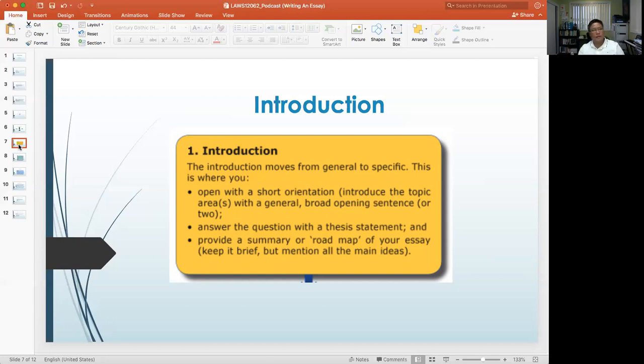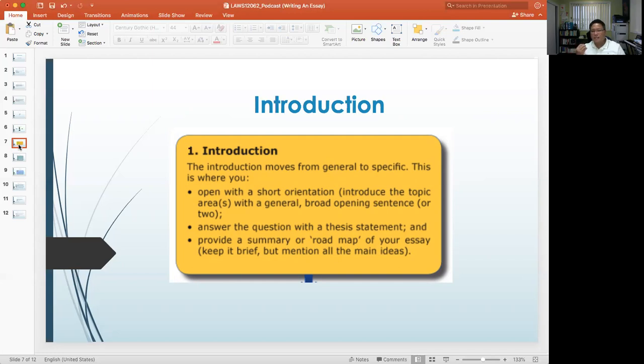If it's about this alternative dispute resolution you want to talk about, give us a sense. Who knows about alternative dispute resolution? What is it about? Why do we even have to talk about it? So you're talking about the importance and the relevance of a topic. So give us a sense of what the broad topic is about. And then tell us what your thesis is.